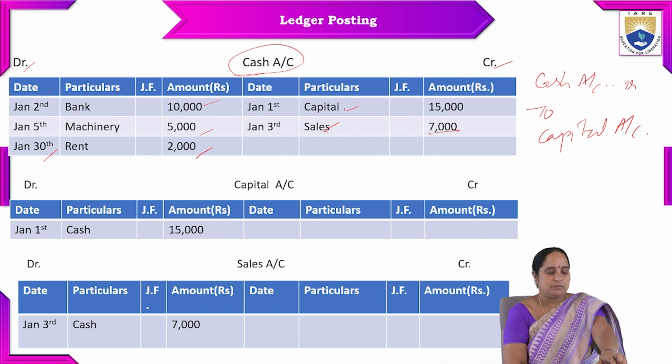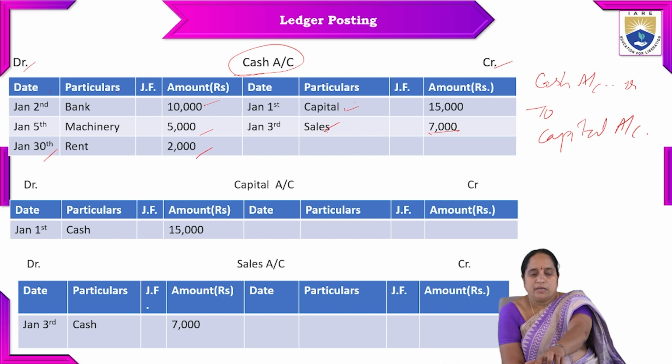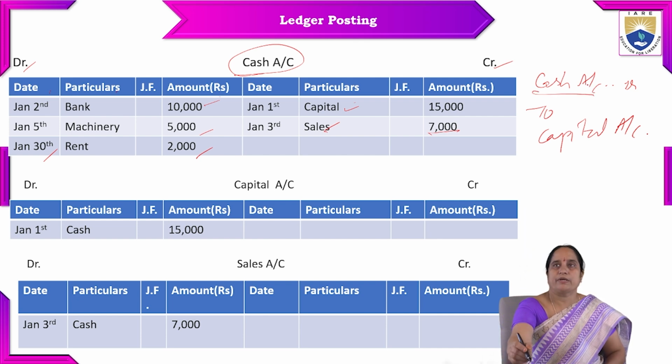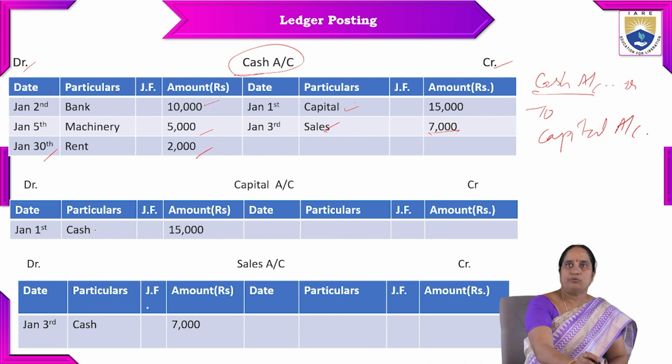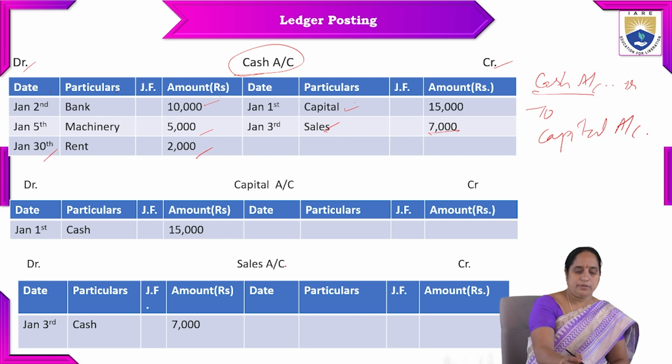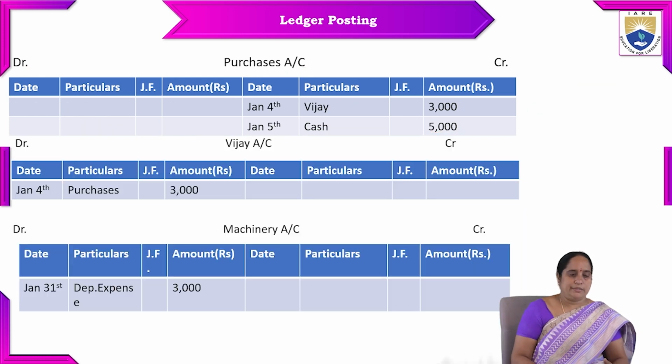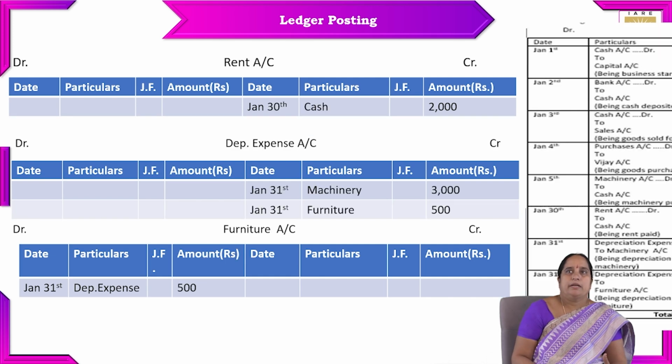So on Jan 1st, capital account when you are talking about, it should be invested in the form of cash. So cash account we have to mention on debit side how much amount, 15,000. In the same way we have to prepare sales account based on the journal entries. Purchases account, Vijay account, machinery account, rent account.